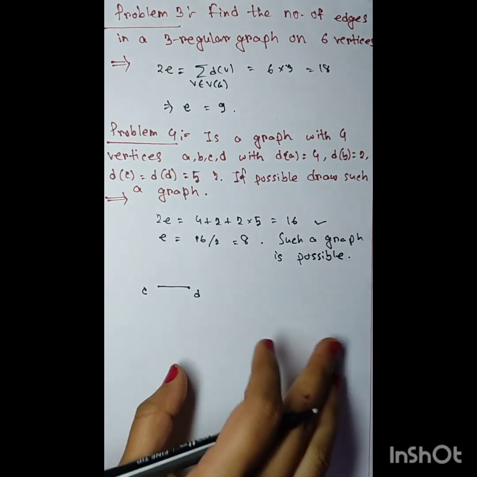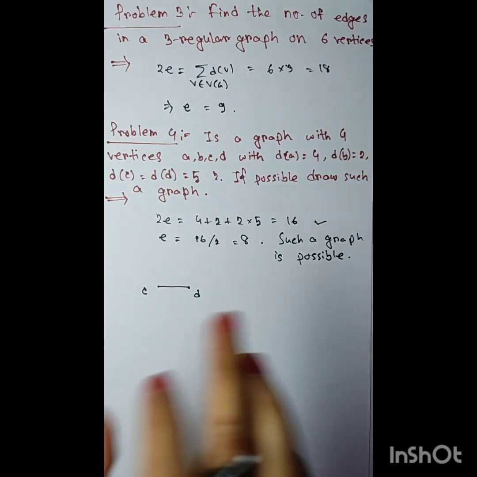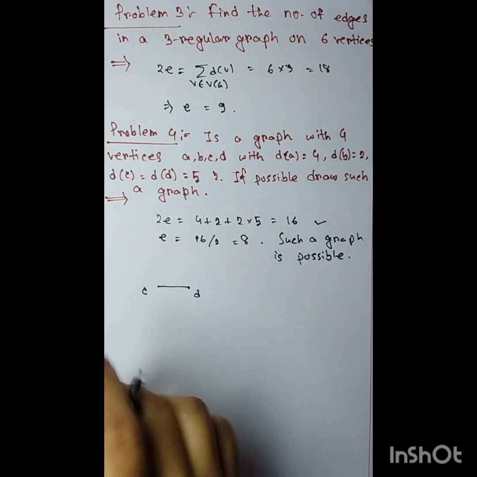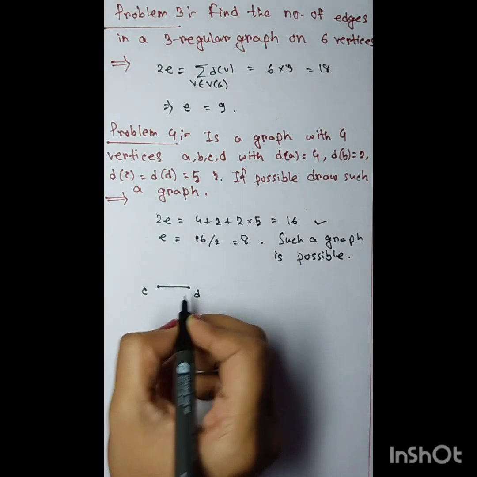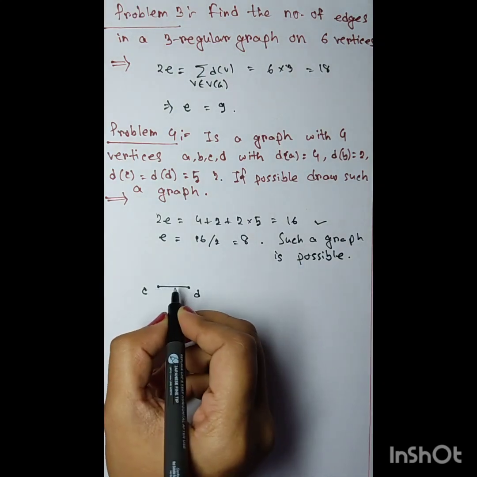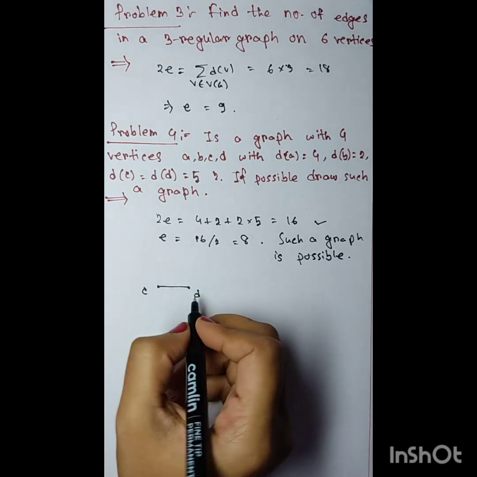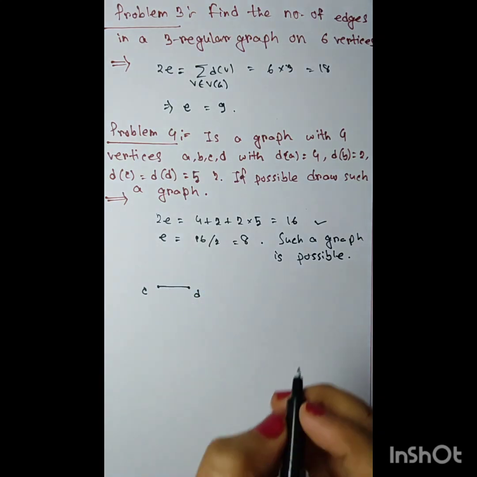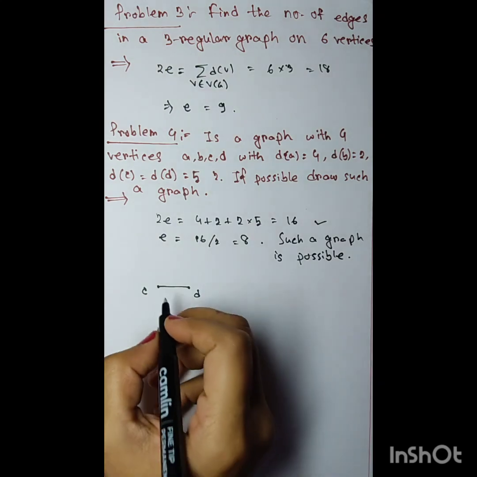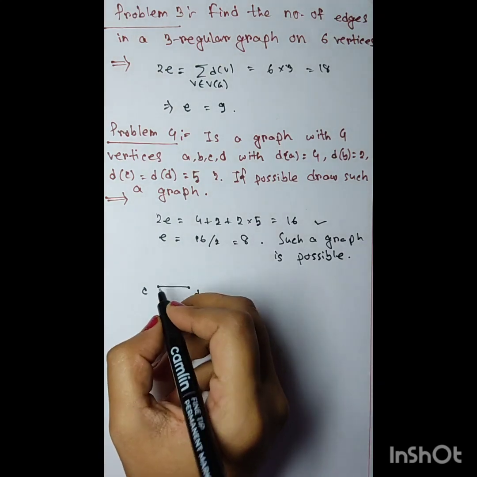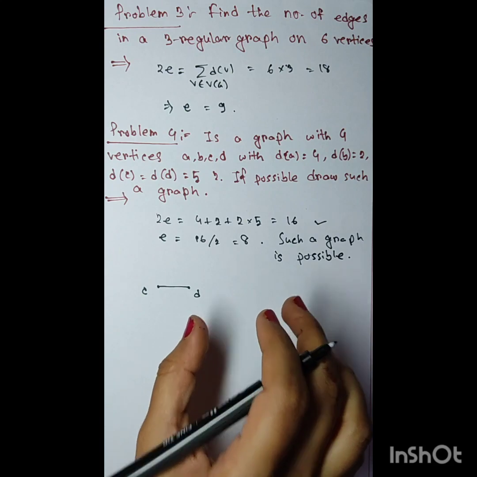If there are more odd degree vertices, then we will make pairs of these odd degree vertices. Here we have made a pair of C and D, and we have joined them through an edge, and we have gotten this edge CD. Now the rest of the degrees of C and D are what?